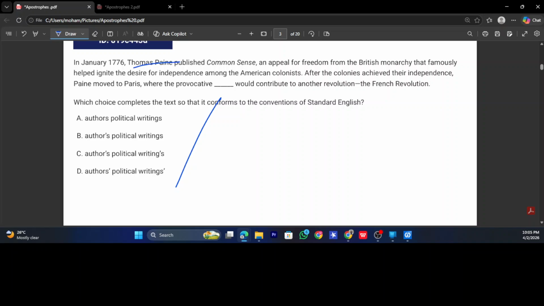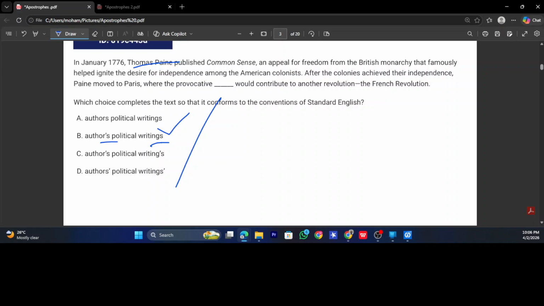Thomas is one person, so you need a singular possessive like author's, political writers. It is good for.